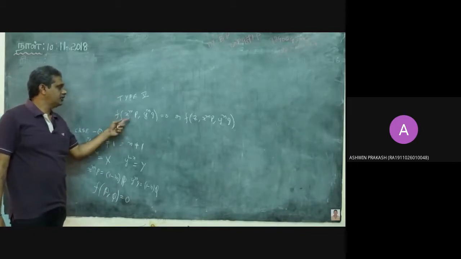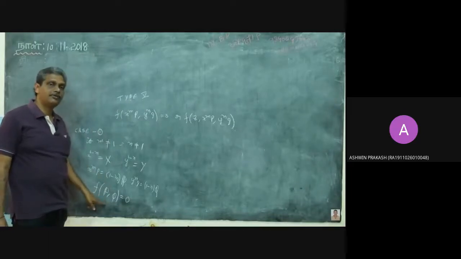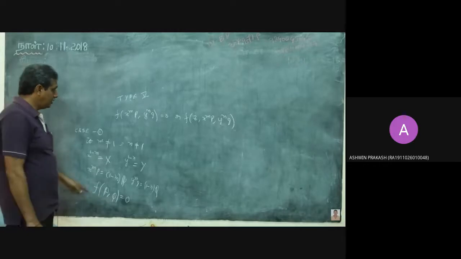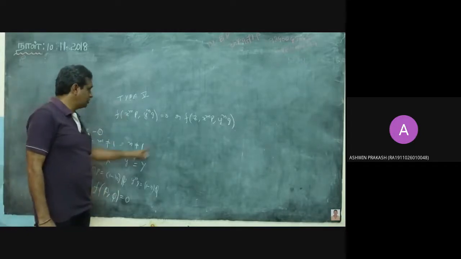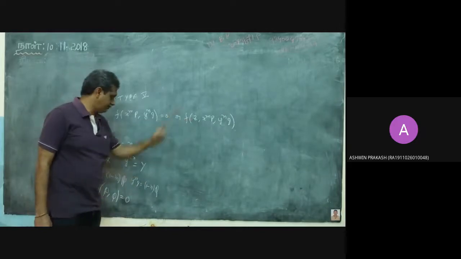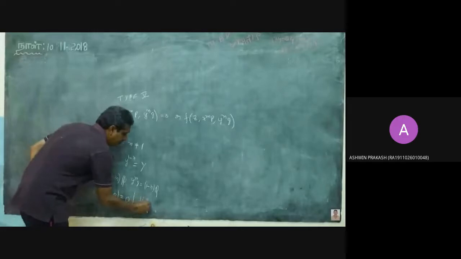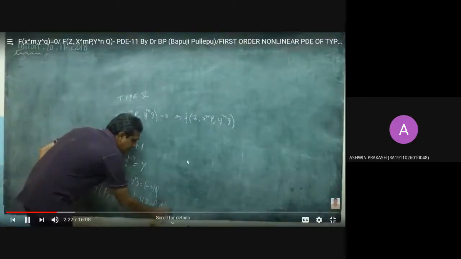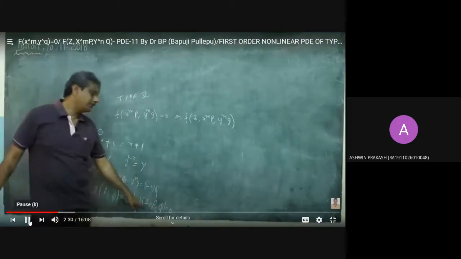After substituting, my type 5 becomes again type 1, nothing but f of PQ. Suppose z is not there, that is the story. Suppose z is there, my function becomes f of z, capital P, capital Q. So this is nothing but type 3.